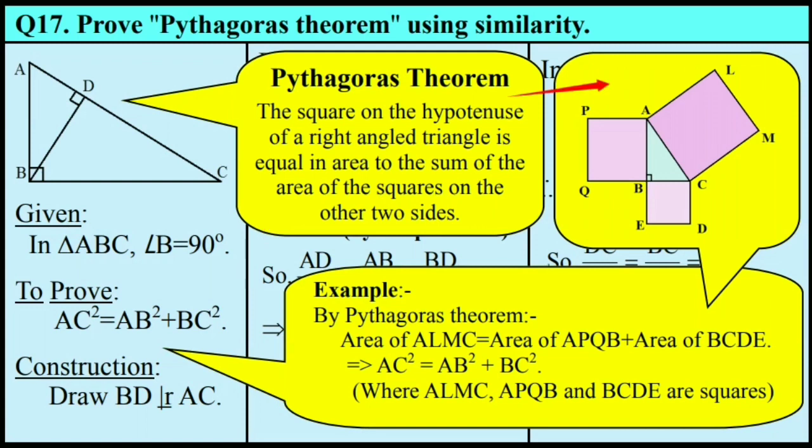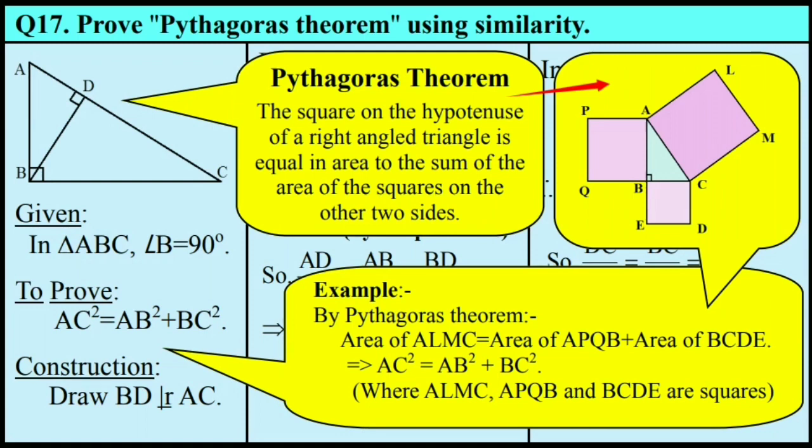Observe the diagram drawn at the right top corner. Here ABC is a triangle right angled at B. A square ALMC is drawn on AC. Another square APQB is drawn on AB, and one more square BCDE is drawn on the side BC of the right angled triangle ABC.